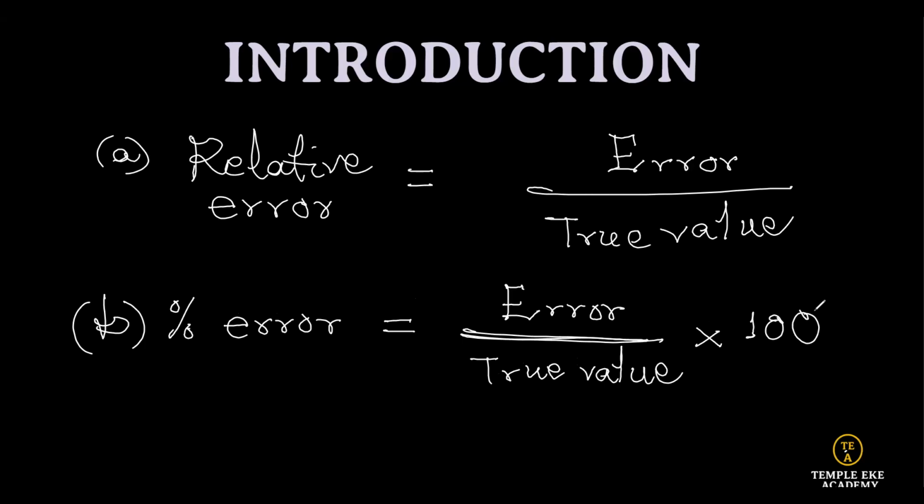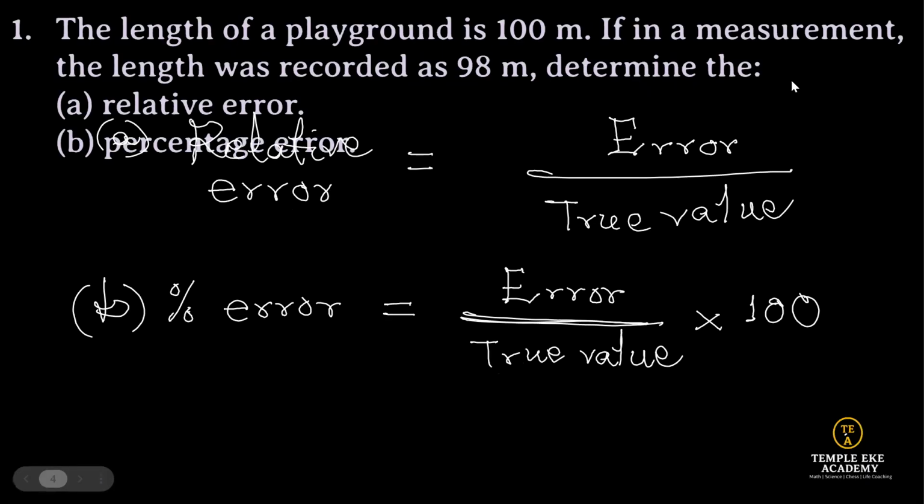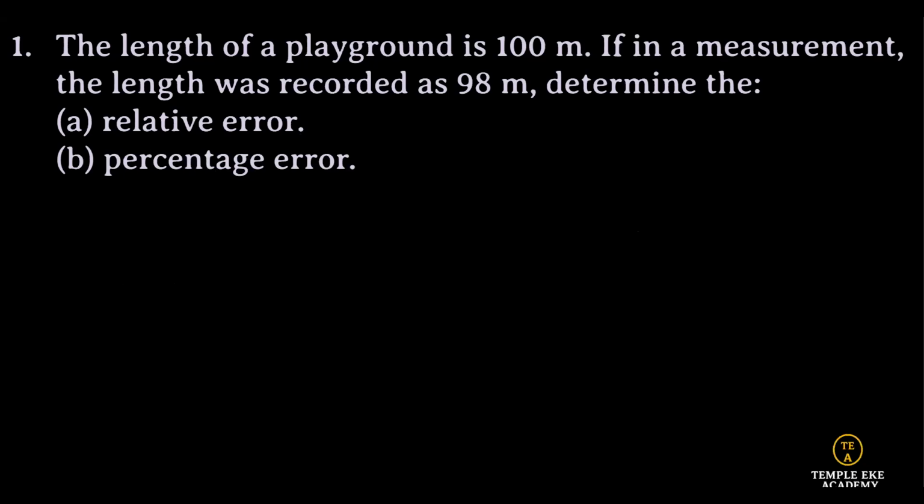All right, so let us get into illustrative examples now, using this concept. The length of a playground is 100 meters. If the measurement of the length was recorded as 98 meters, determine the relative error and the percentage error. Let's go for this. So first, I like to take on the relative error.